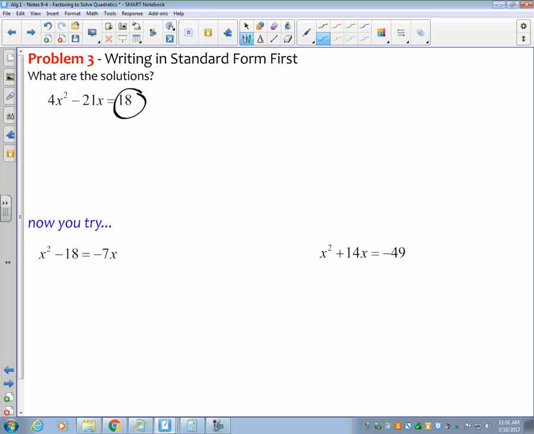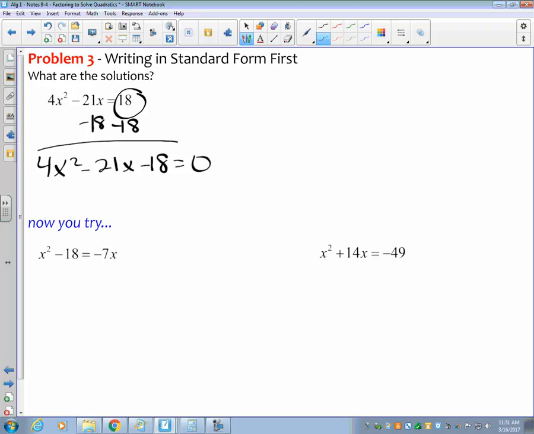Negative 18. So I'm going to minus 18 from both sides. There is no other whole number living on that other side to combine with the minus 18. So it just gets minused onto the end of what we already have.